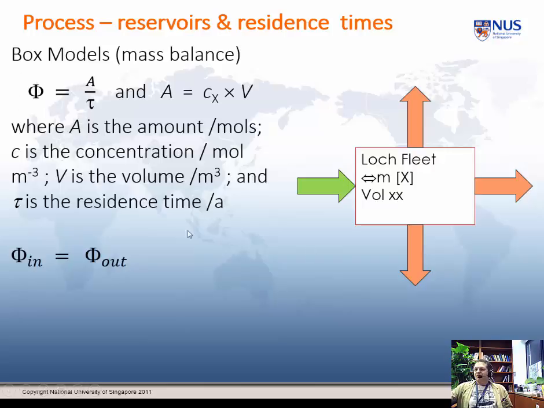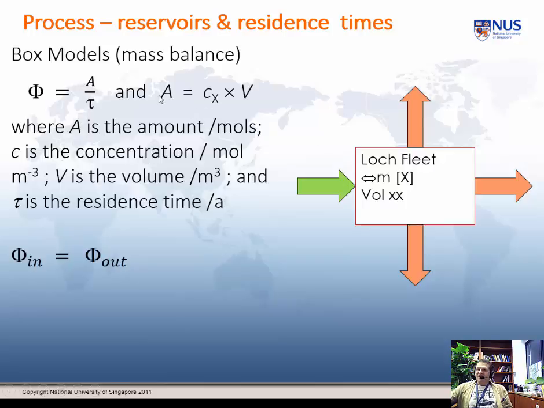The flux of any particular flow of material delineated by the arrows is equal to the amount in the reservoir, in this case Loch Fleet.